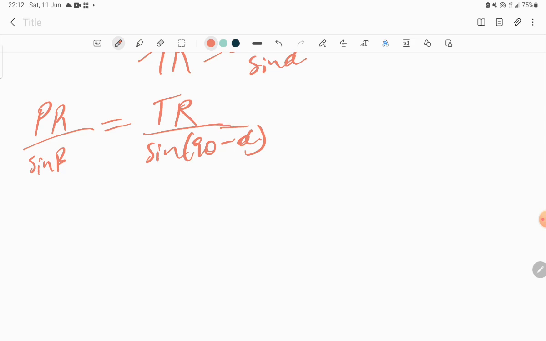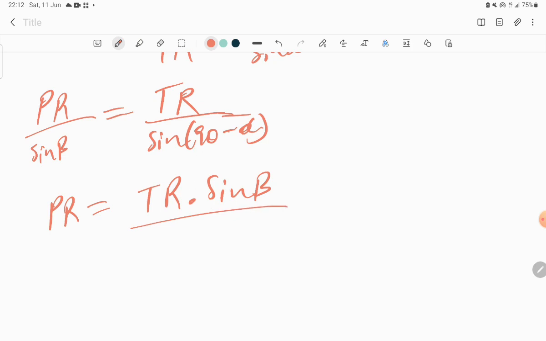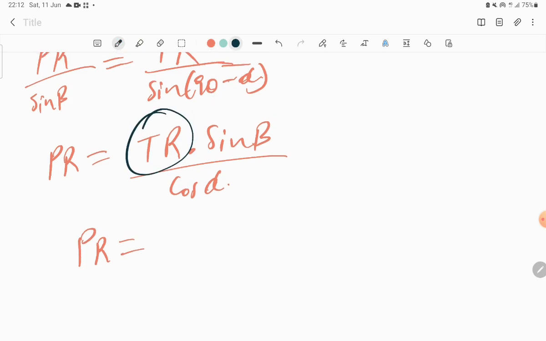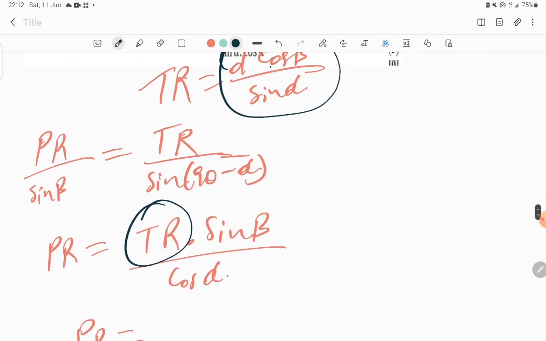Good. Now let's continue. We have PR, which is equal to TR times sine beta, then divided by what is sine 90 minus alpha? It is the same as cos alpha. Good. Now let's continue with PR, which is equal to, in the place of TR, we know that our TR was given by d cos beta over sine alpha.